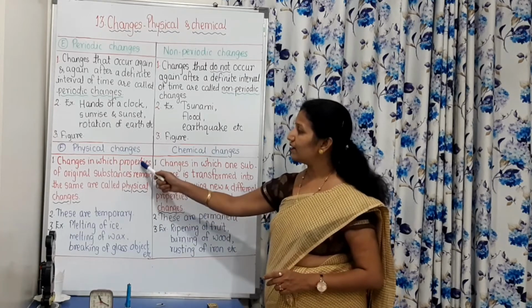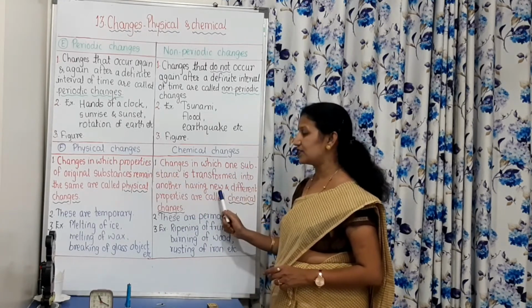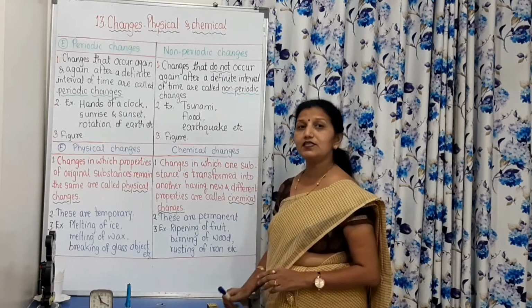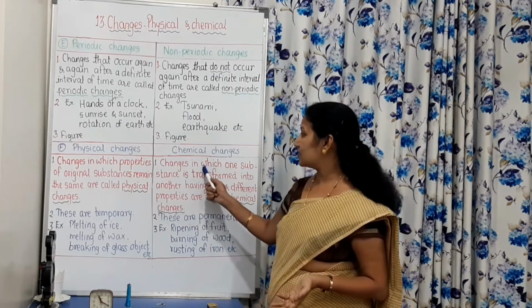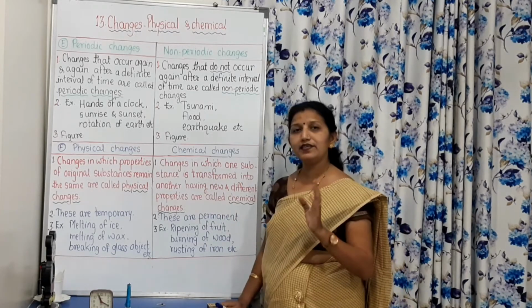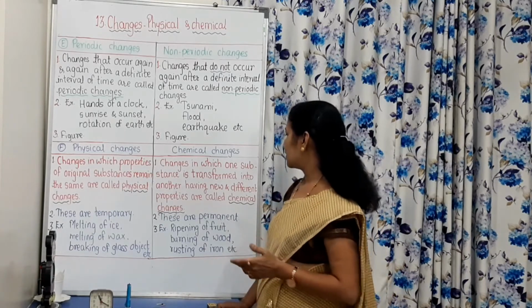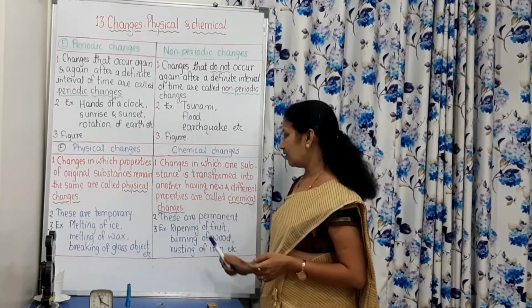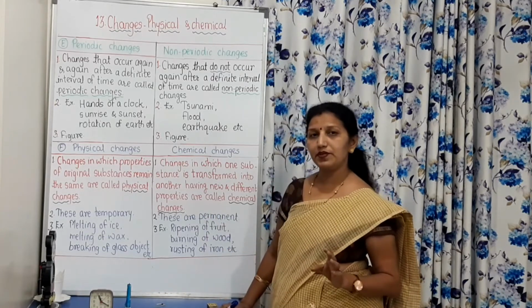See, here there is no change, and here there are changes in the properties. That means the substance that is formed due to this chemical change has new properties and different properties. Then, these are permanent changes. These are not temporary.